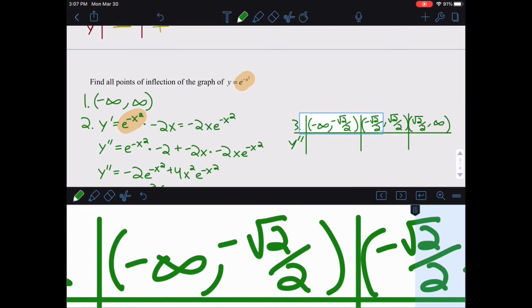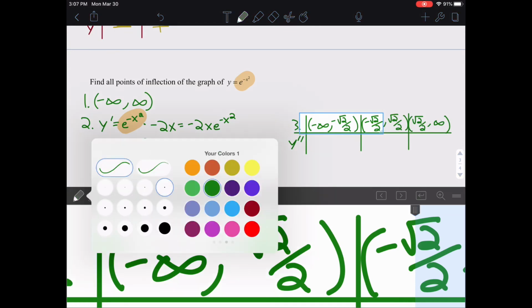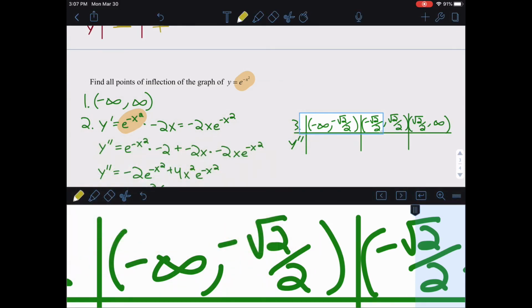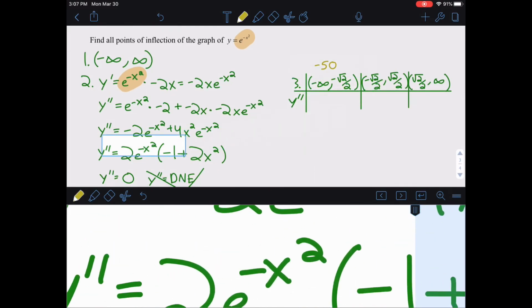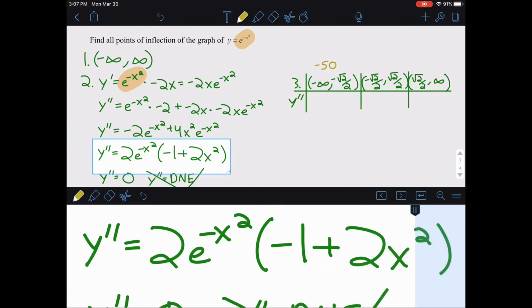Okay, so from negative infinity to negative root 2 over 2. Negative root 2 over 2 is not a number I expect most of you to know, so go ahead and pick something that you know is definitely not negative root 2 over 2. How about negative 50? Now we're going to plug this into y double prime. I always like to plug things back into the factored form, because I can just flat out ignore the part that's been factored out.